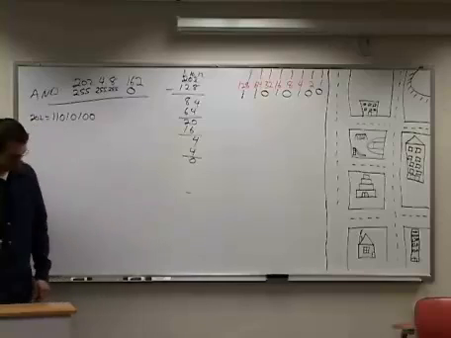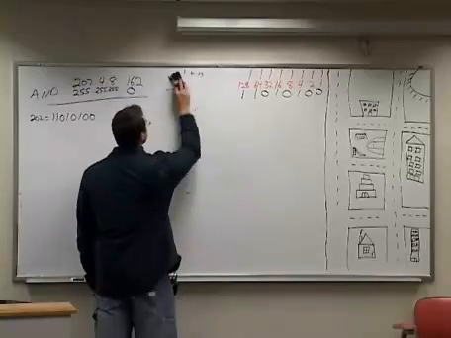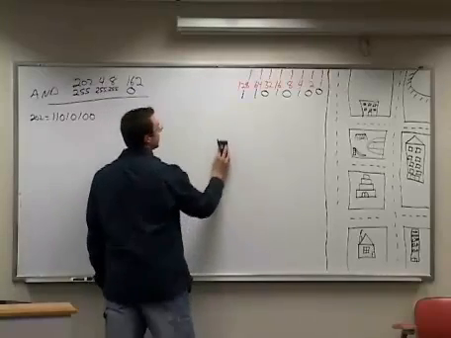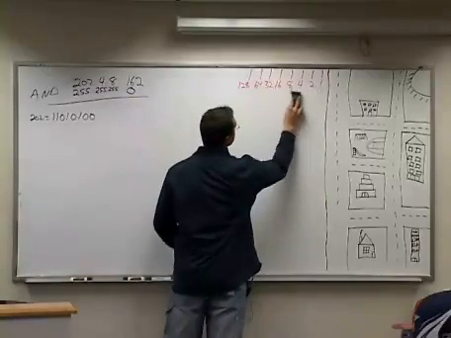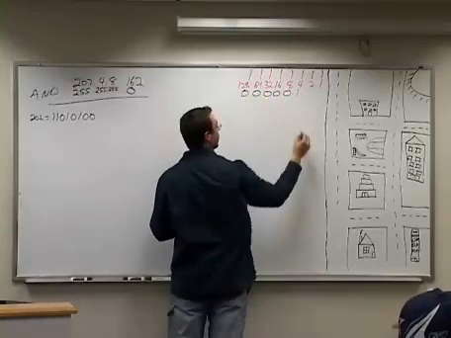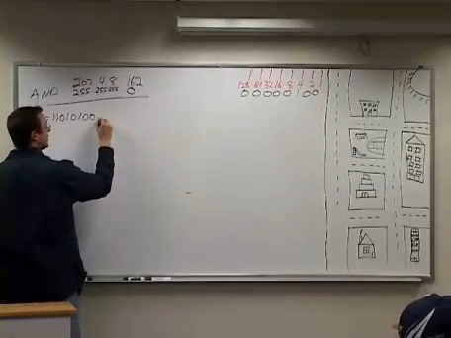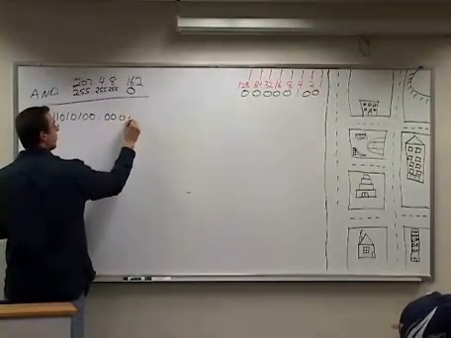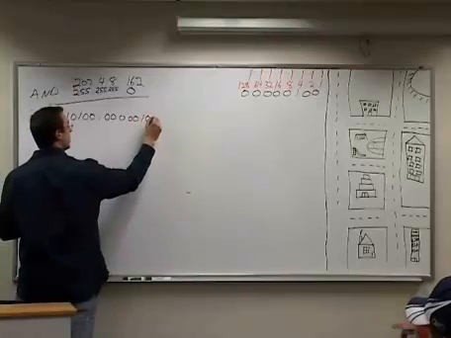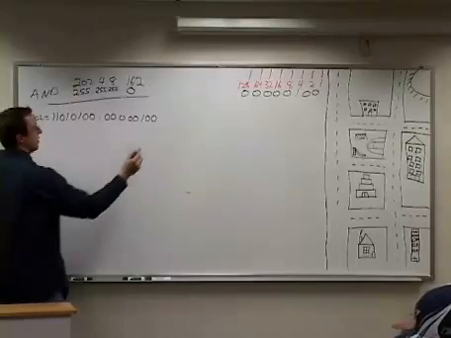Well, 4 is an easy one. Four is just this. I need a 4, and that's it. So 4 is equal to 0, 0, 0, 0, 0, 1, 0, 0. Geez, I hope my microphone's working.